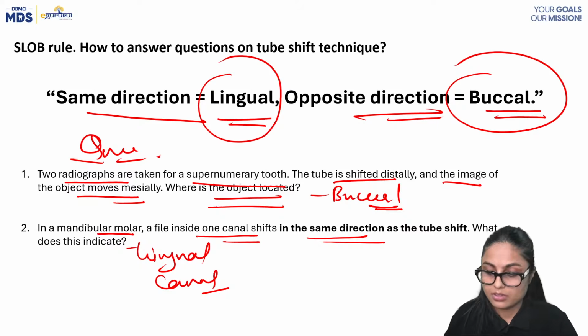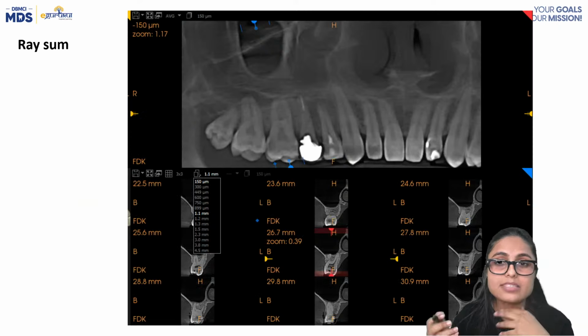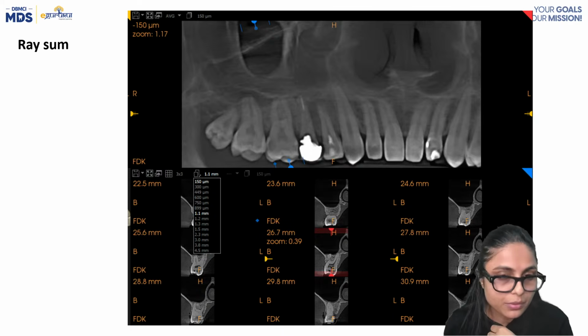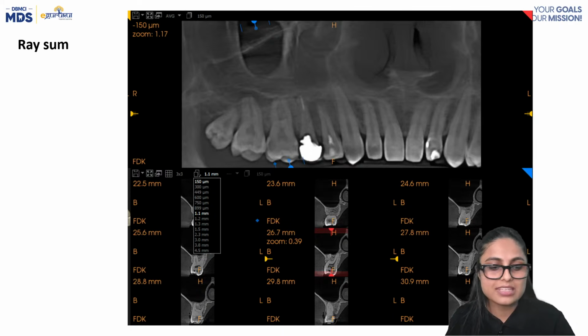All right. Now, ray sum. Somebody had asked about ray sum. We use this term in CBCT.